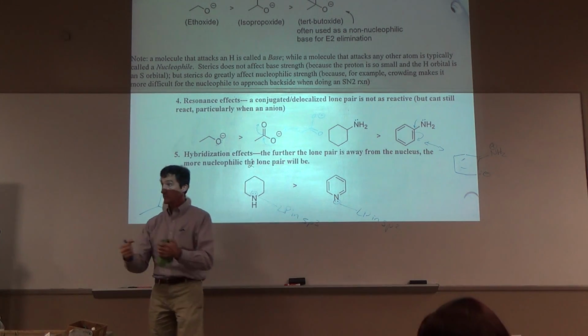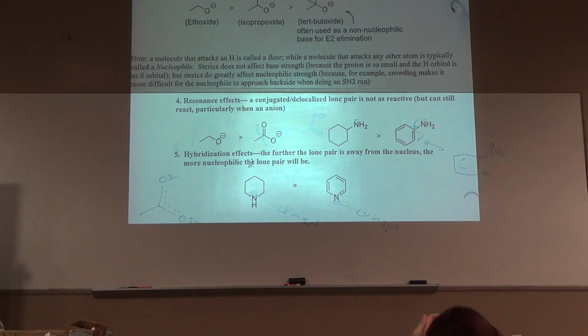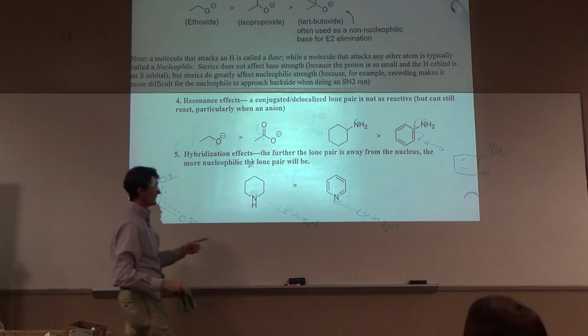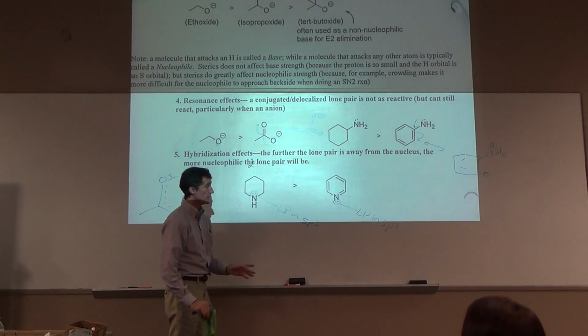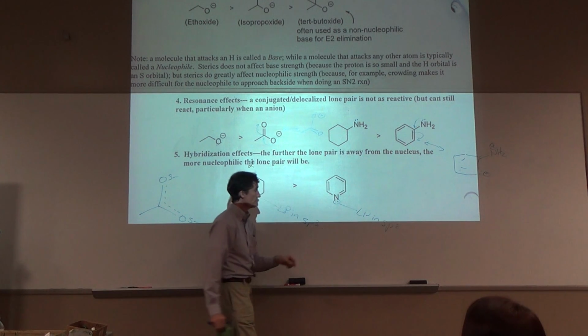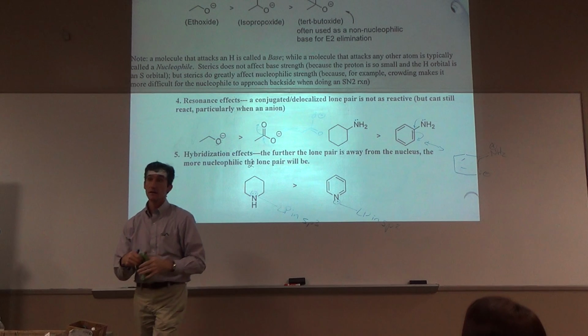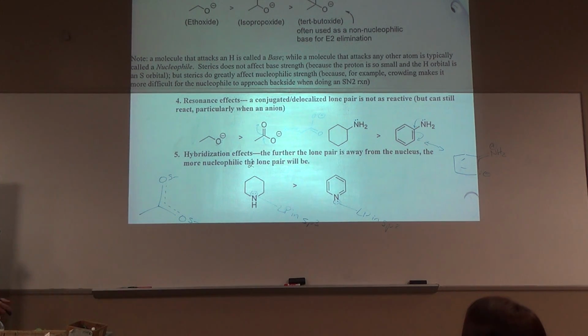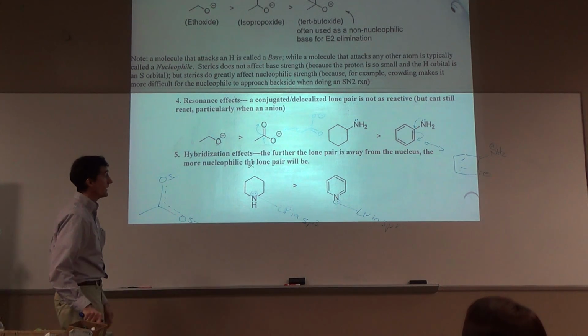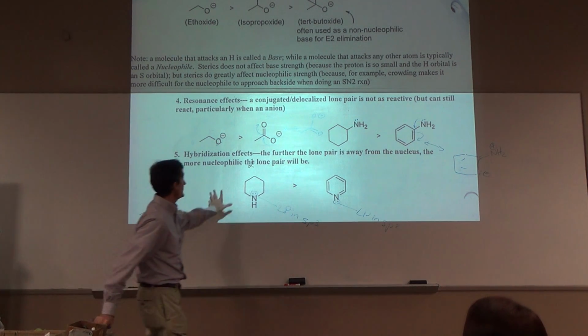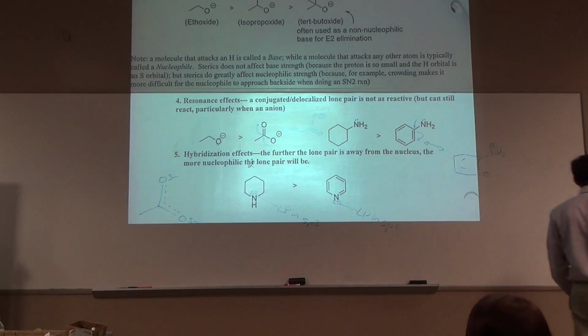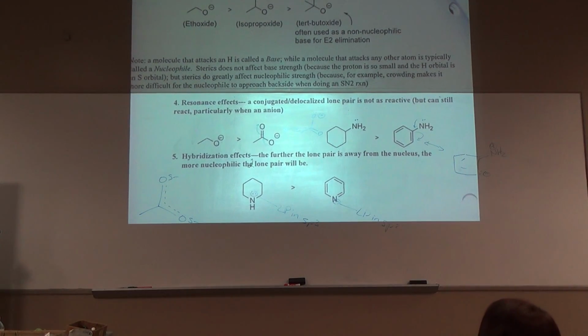An sp2 lone pair is held tighter to the nitrogen, because an sp2 orbital has 33% s, whereas this only has 25% s: more s character, closer to the nucleus. That pulls the electrons tighter. Those electrons are going to be less inclined to do a backside attack. It's a poorer nucleophile. So that's a hybridization effect, the type of thing we saw with acid-base chemistry.